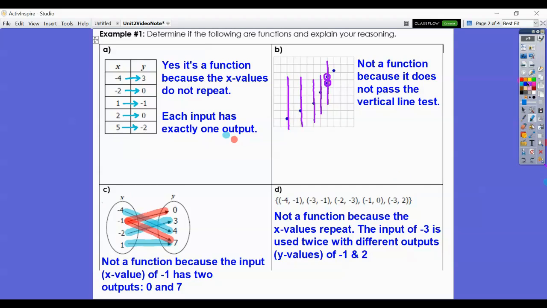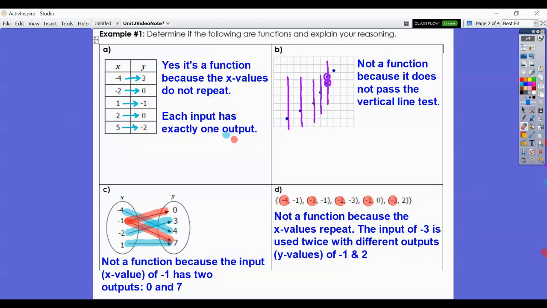In example D, I'm going to again look at my x values. I circle or highlight my x values, which remember are the first values in front of your comma. It's -4, -3, -2, -1, -3. I notice that I have a repeating x, so I state that it's not a function.